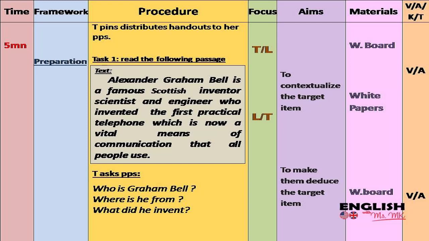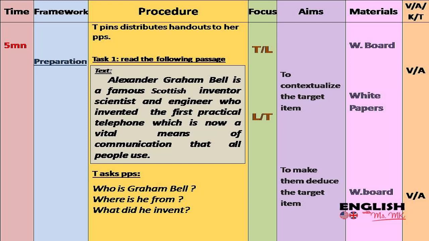You have to prepare your pupils, giving them texts, and here we are dealing with reading, making them listen to a script, asking them questions. So we have many ways of preparing our pupils for the next phase, but you have to contextualize your target item.